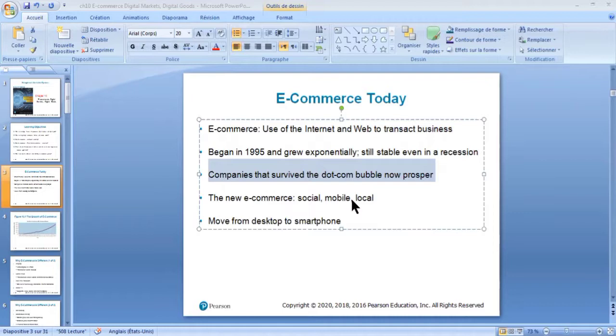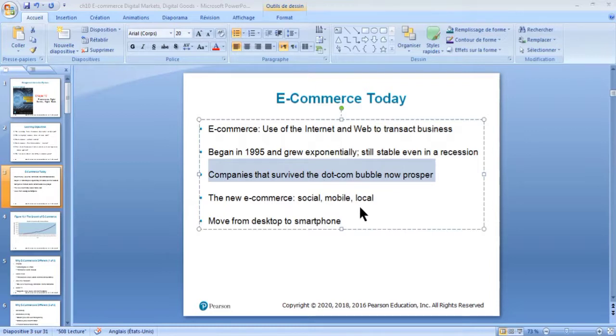At that time there was a rush on buying internet company stocks, which created this bubble. It was called a dot-com bubble.